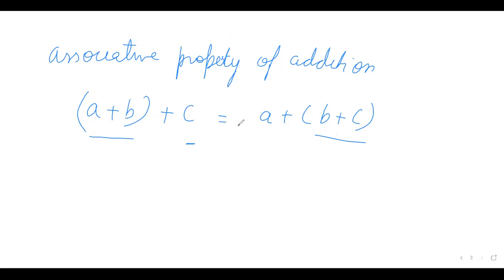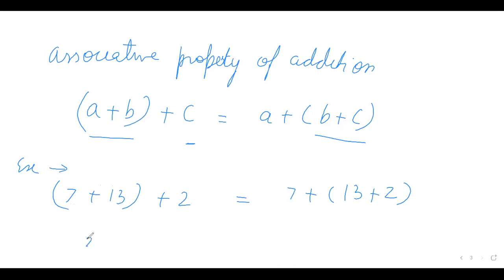Okay, ma'am. So I'm giving you an example. (7 plus 13) plus 2 or 7 plus (13 plus 2). If you look, A, B, C are 7, 13 and 2. So 7 plus 13, when you perform the addition of this bracket, it is 20, plus 2.